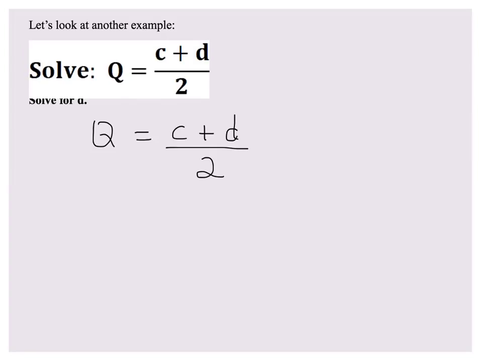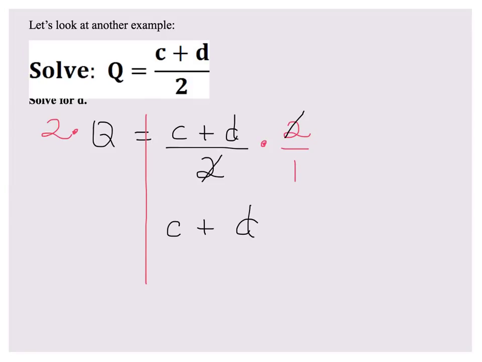So we're going to multiply by 2 on both sides, and we're really doing 2 over 1. Now, when that happens, we see that 2 divided by 2 is 1, and that just leaves c plus d.